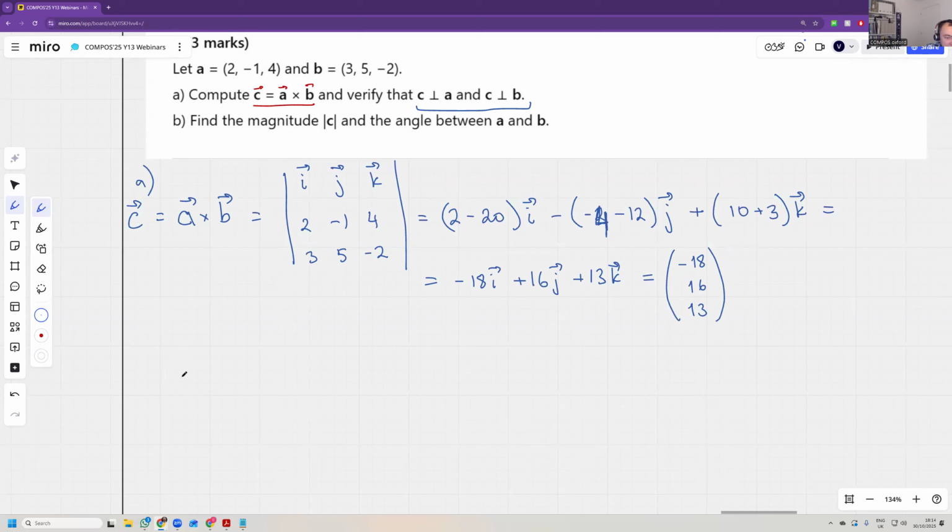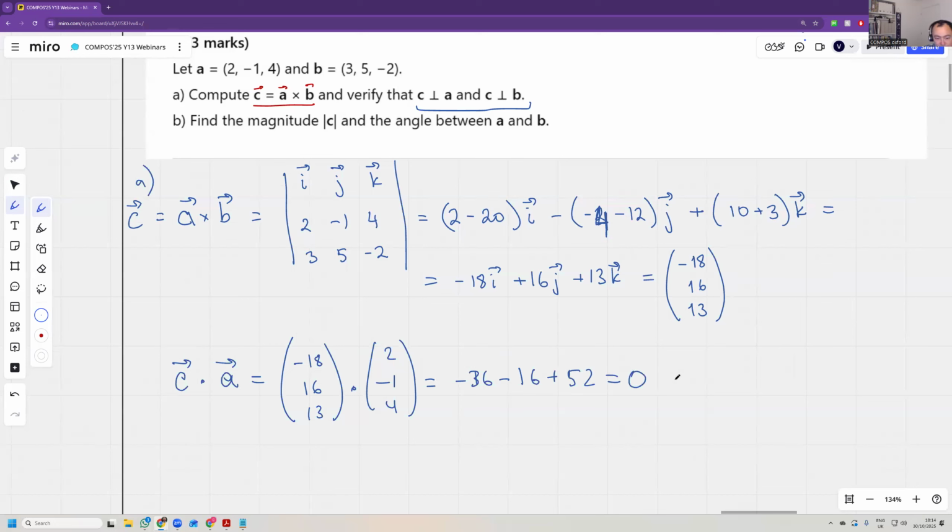So what I do is I multiply C times vector A. C is minus 18, 16, 13, multiplied by A, which is 2, minus 1, 4, which is negative 36, negative 16, plus 52, and that is 0.